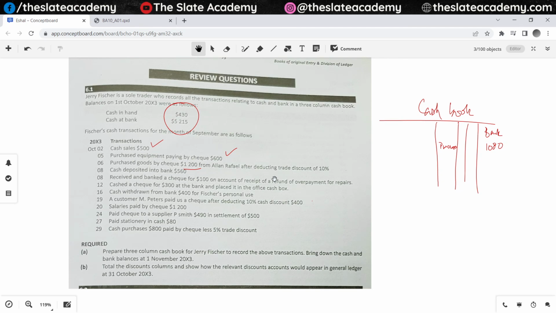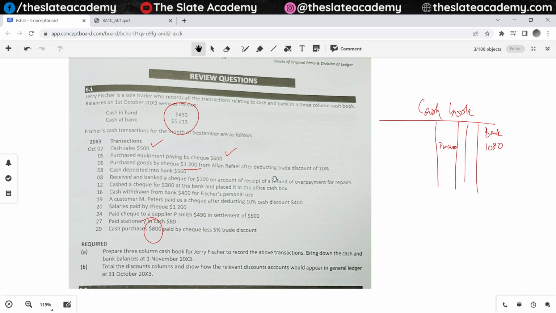Refund of overpayment for repairs, fine. Cash, check, deducting cash discount. This last, cash purchases. Again, we are purchasing something of 800 with 8% discount. So that would mean 5% discount.